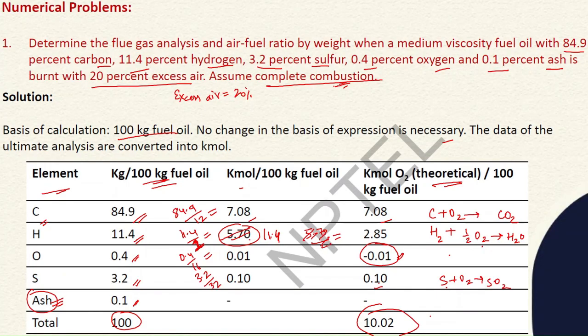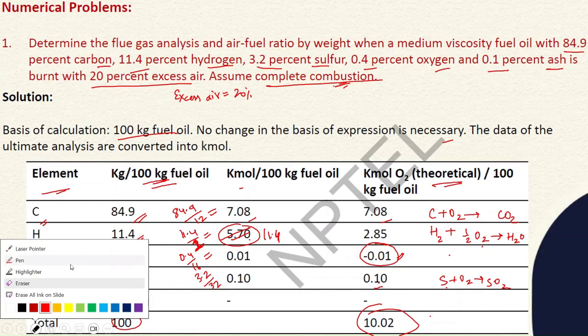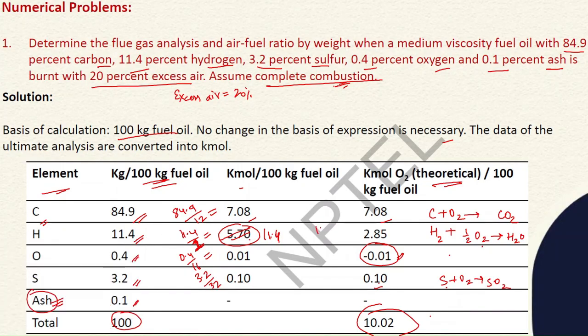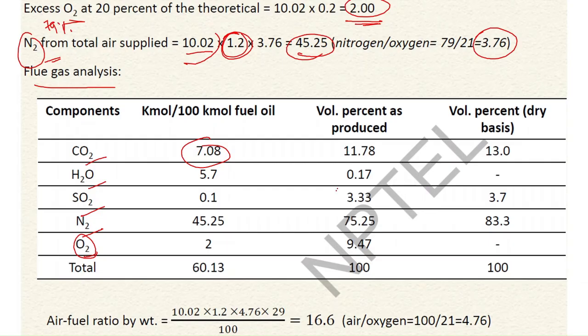So it will be 5.7 moles of water vapor here, then 0.1 mole of sulfur dioxide, and nitrogen is calculated as 45.25, and here 2 moles of oxygen are in excess.